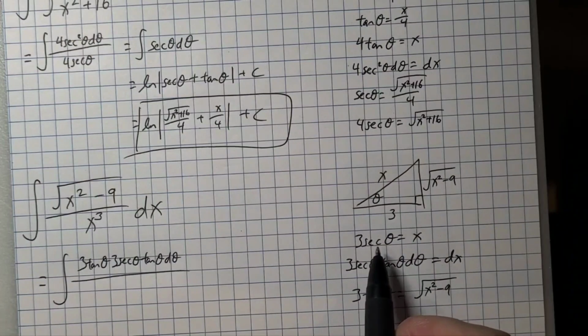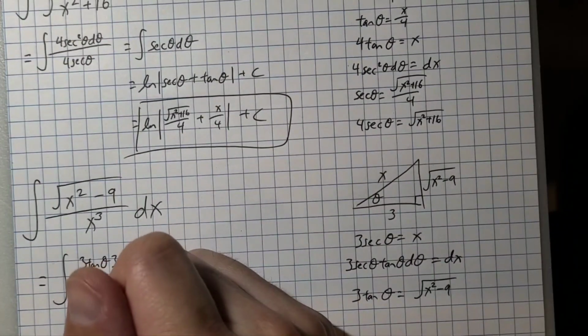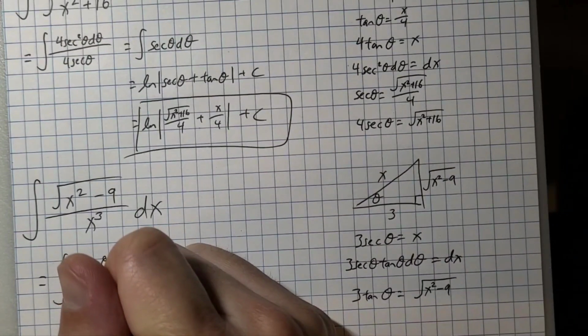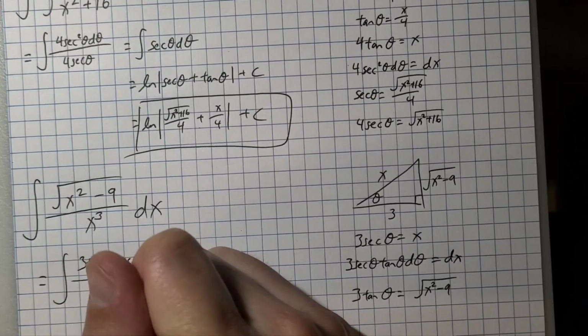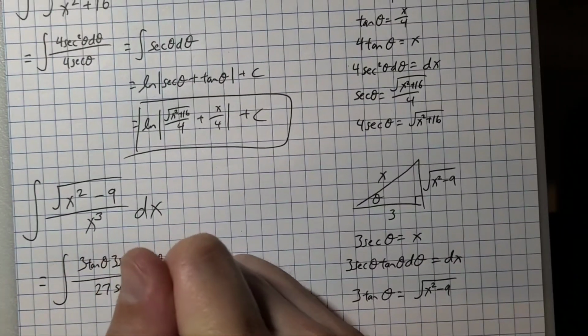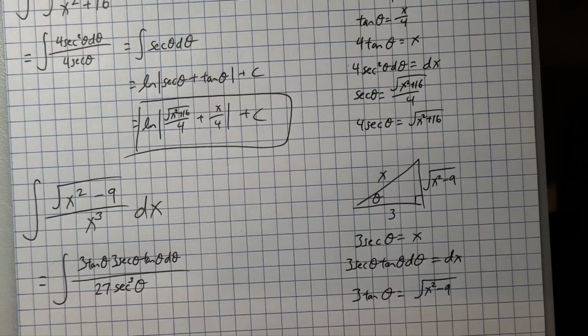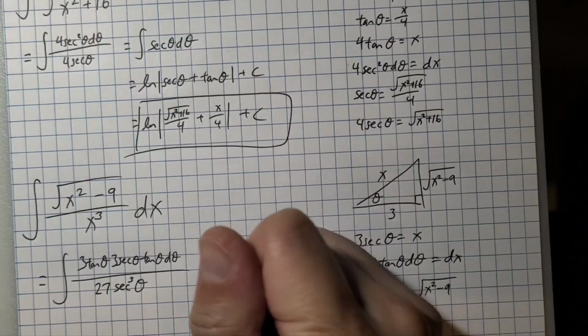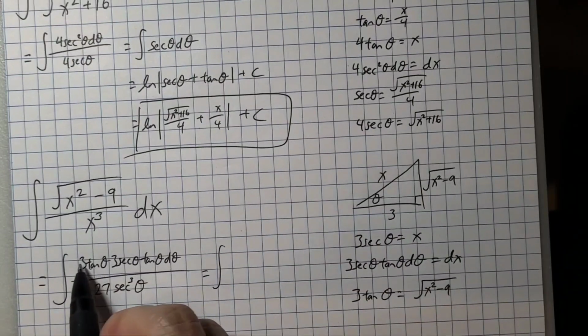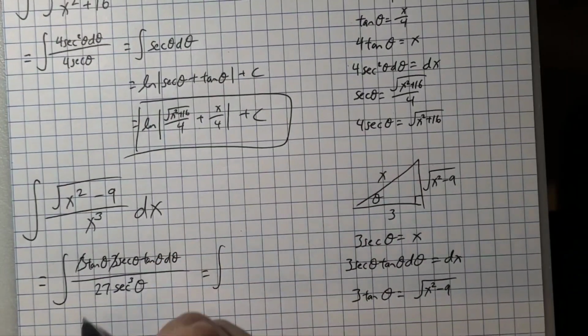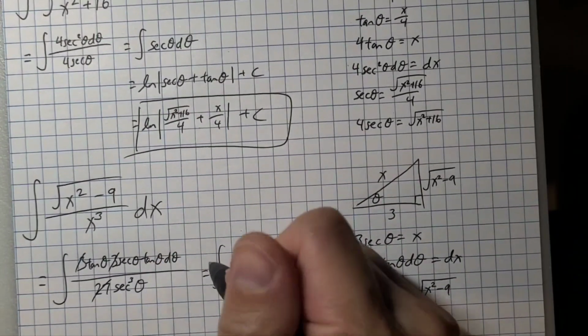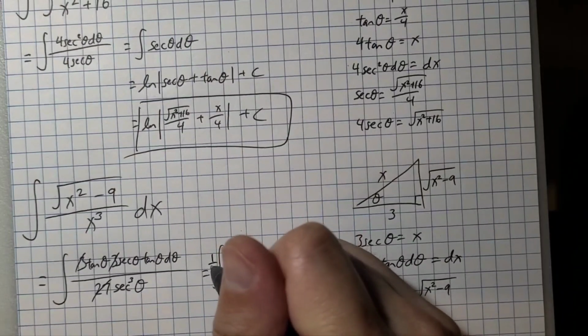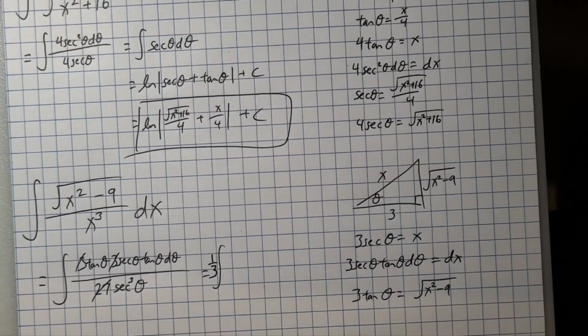We have x is 3 secant theta, so x cubed would be 3 cubed, which is 27 secant cubed theta. Okay, how do we simplify this? This 3 and this 3 against this 27, we will get a third, so we can move that out.